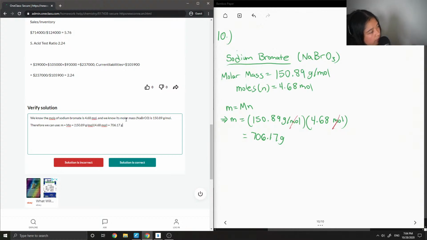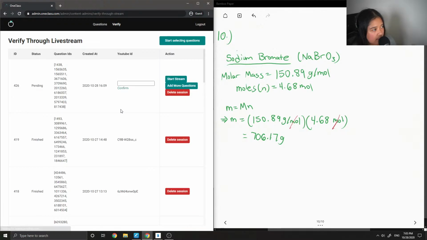Okay, so I said we know the moles of sodium bromate is 4.68 moles, and we know its molar mass is 150.89. Therefore, we can use m equals big M times n to get 150.89 times 4.68 to end up getting 706.17. So sorry, that solution was incorrect, since that was a different answer altogether.